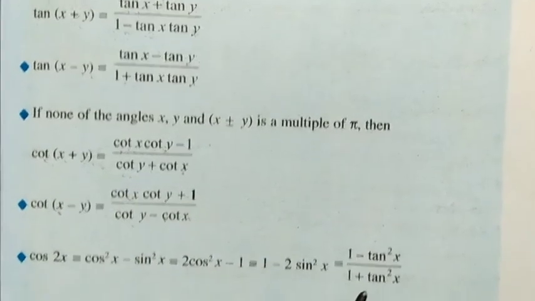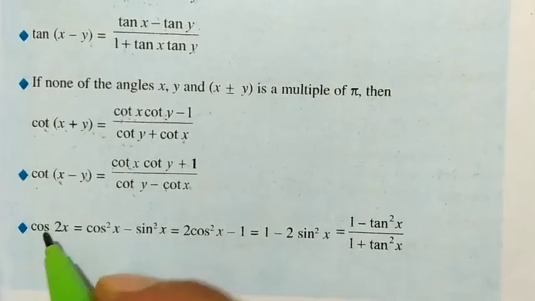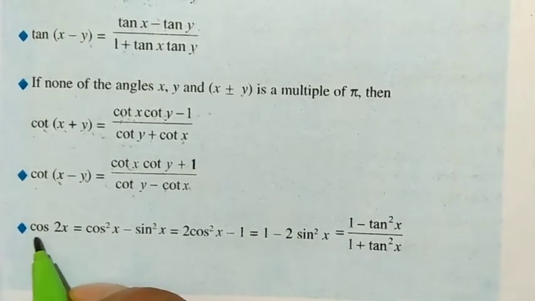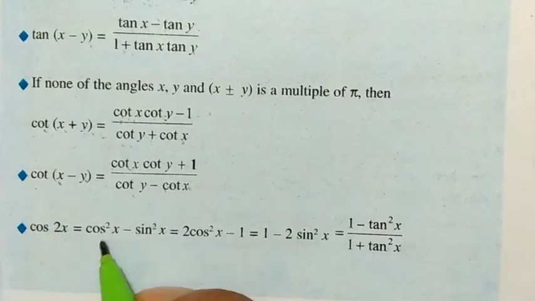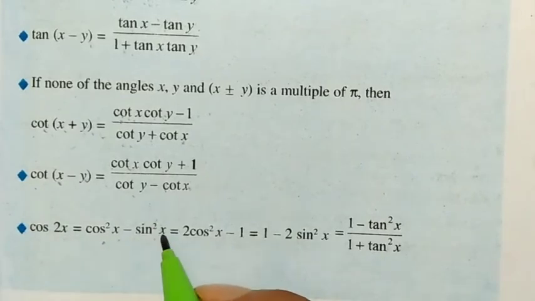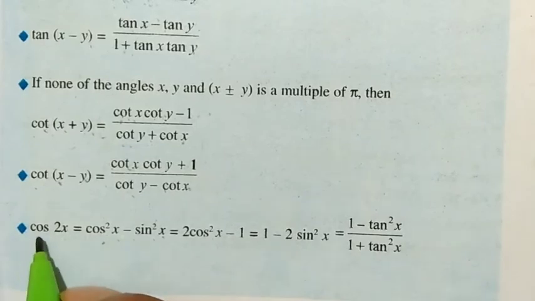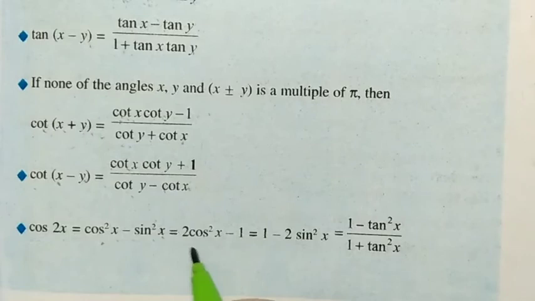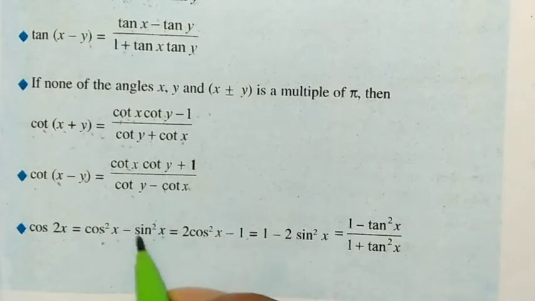Now very important formulas which are maximum used in your exams, in questions. Cos of 2x is equal to cos square x minus sin square x. You can remember in both ways, so you can easily use these. This is equal to 2 cos square x minus 1, because sin square x can be written as 1 minus cos square x.